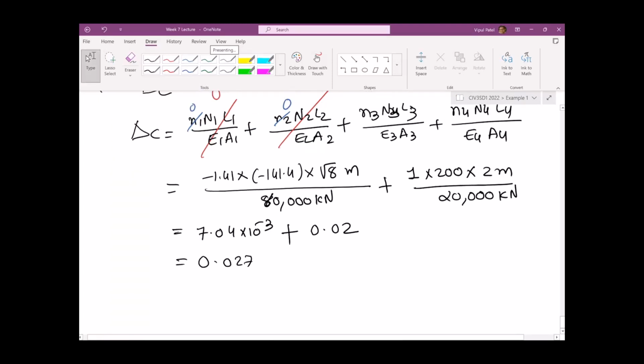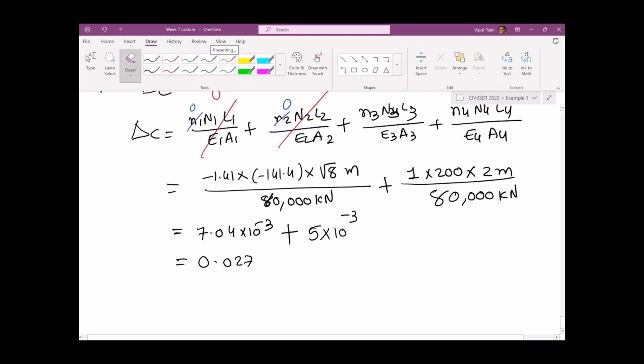So we will have minus 141 square root 8 over 80,000, and then you have 200 over, oh, that is 80,000, sorry, not 80,000. Okay, that picks up the problem. 200 times 2 divided by 80,000 gives you 5 times 10 raised to minus 3 plus 7.04 times 10 raised to minus 3.